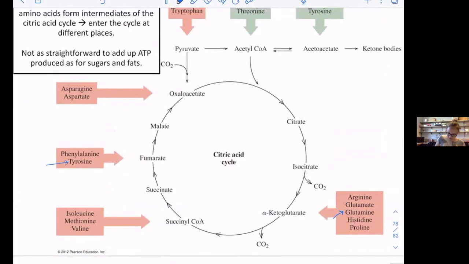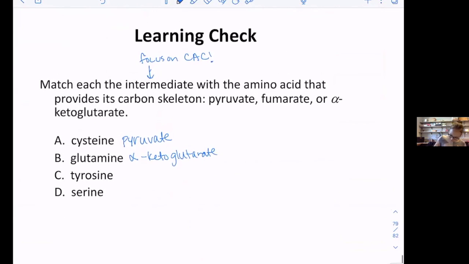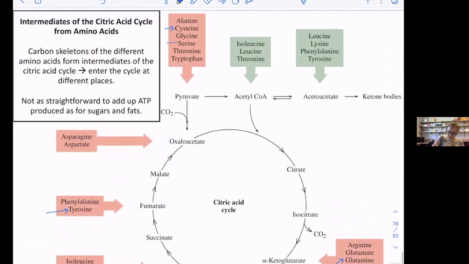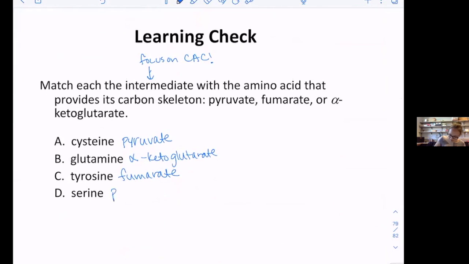Tyrosine is over here and enters as fumarate. And our last one is serine. So if we go back up, we see serine again is over here, enters as pyruvate.